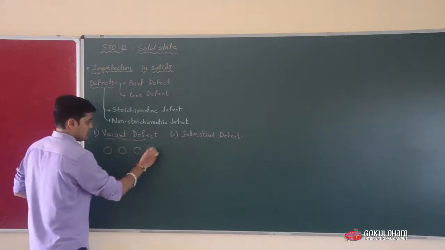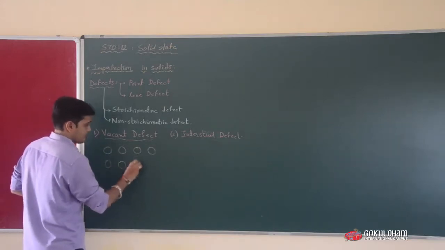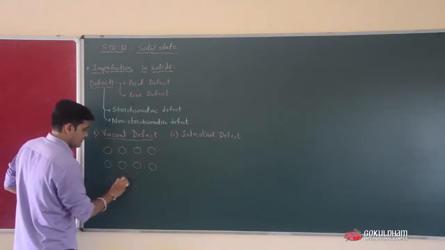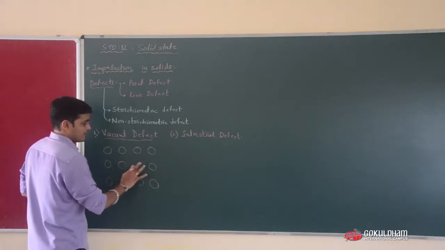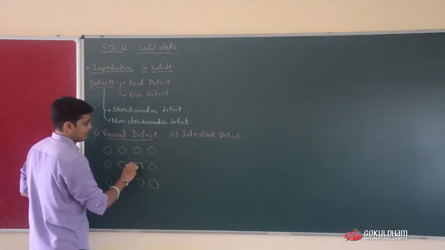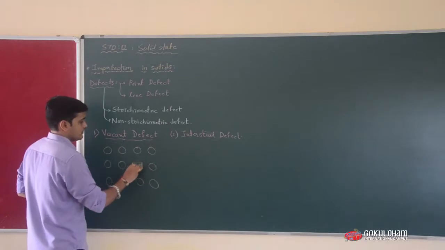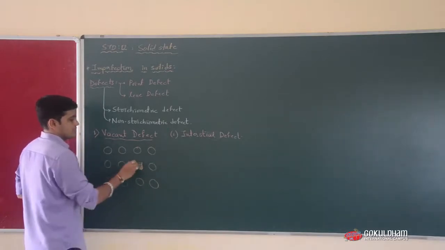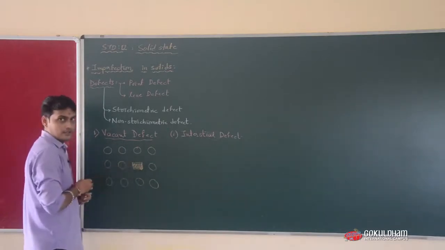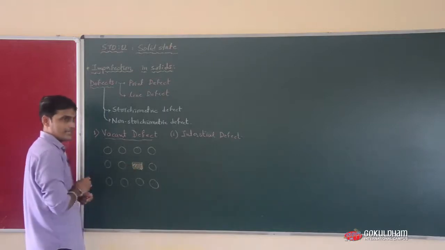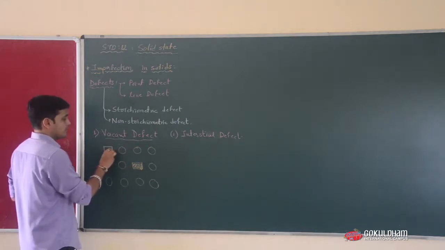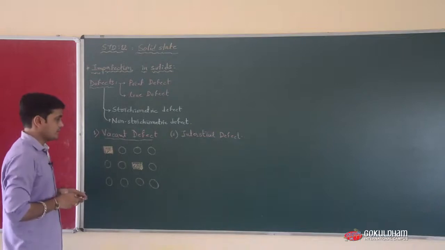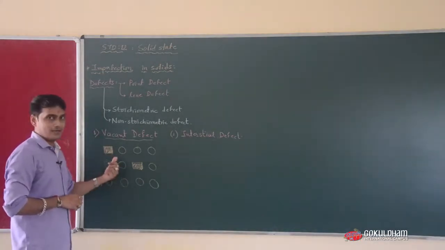Suppose these are the particles. This is our crystalline material, but at some point this atom is missing from the crystal or lattice. So there is a vacant space created in place of the atom. Suppose this molecule is missing, so another vacant hole is generated in the crystal. So this is known as vacant defect.